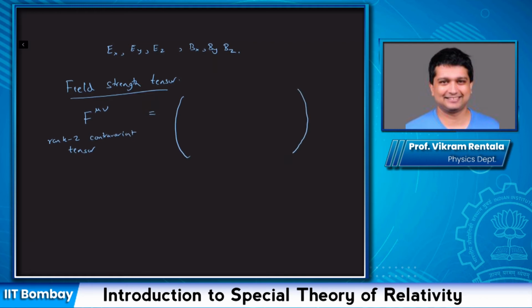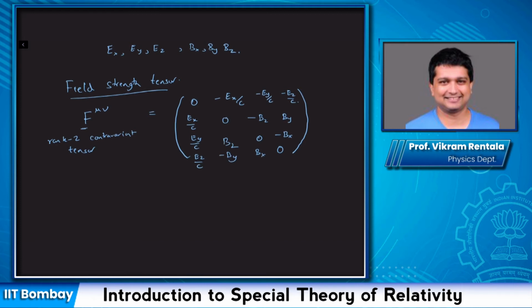So if you write down a rank 2 tensor of this form, where I fill in the components of this tensor with the electric and magnetic fields, so I filled in all the entries of this matrix.